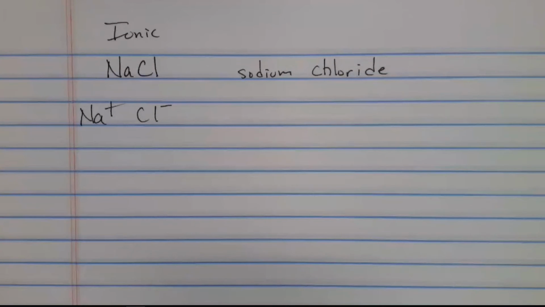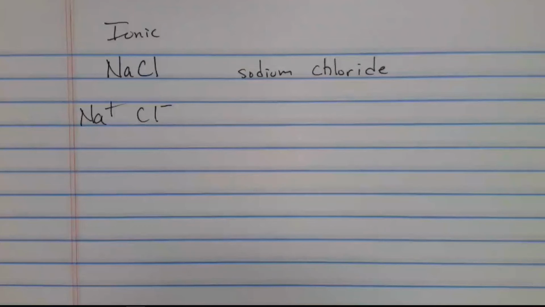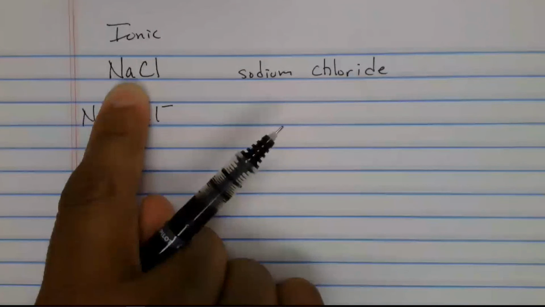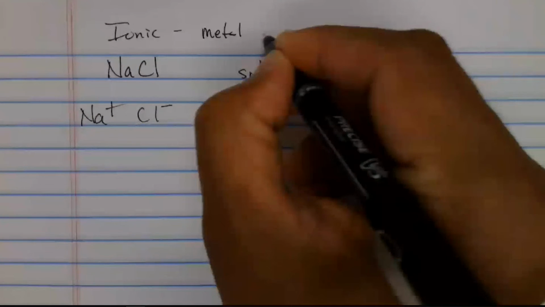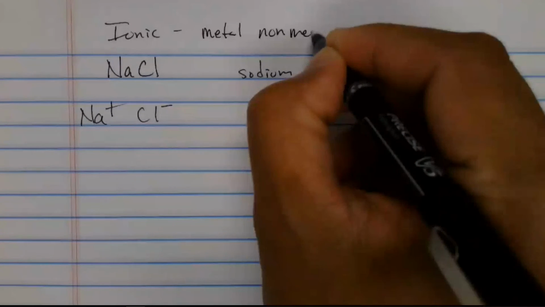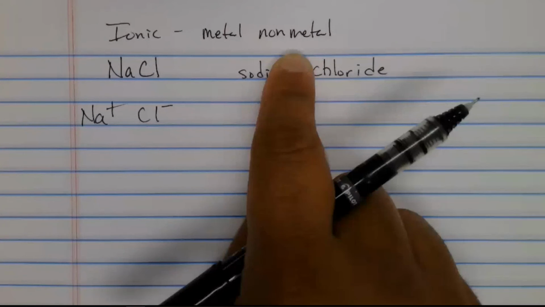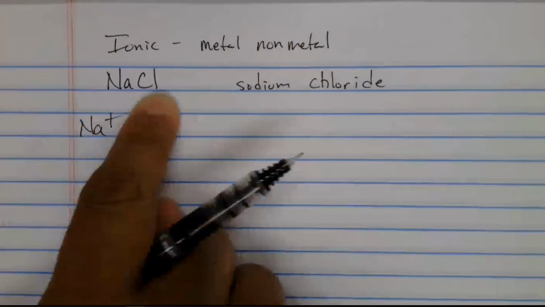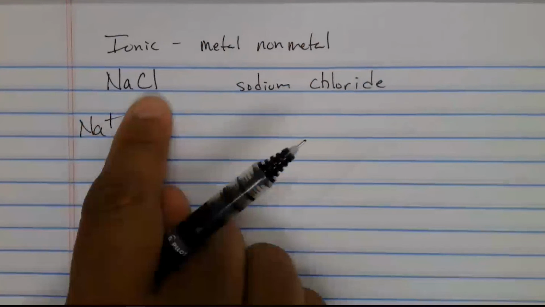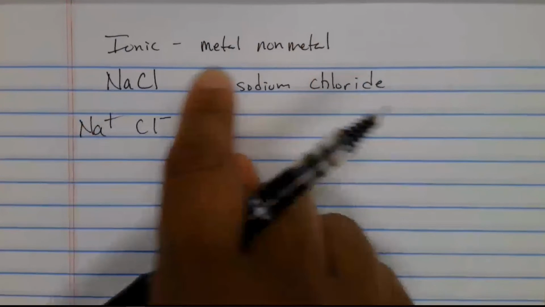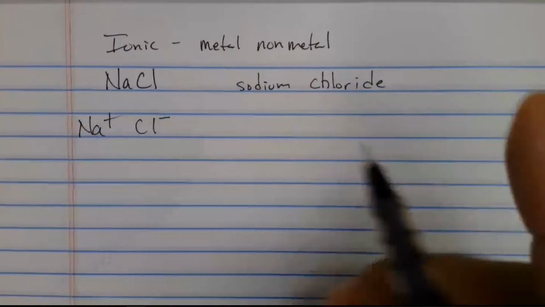Now, there was one important thing here. Ionic compounds are typically metal with non-metal, typically. Now, I say typically because whenever you see metals and non-metals, so sodium's a metal, chlorine is on the non-metal side, so right there is your marker to say this is an ionic compound.